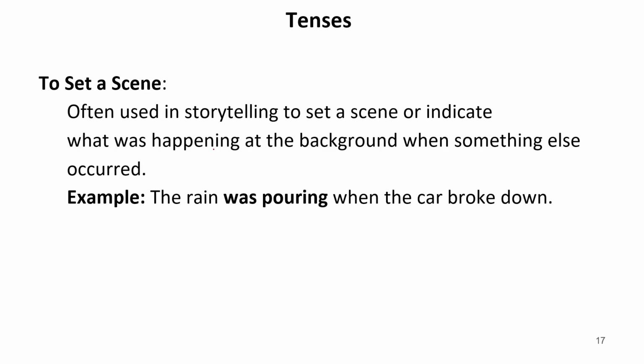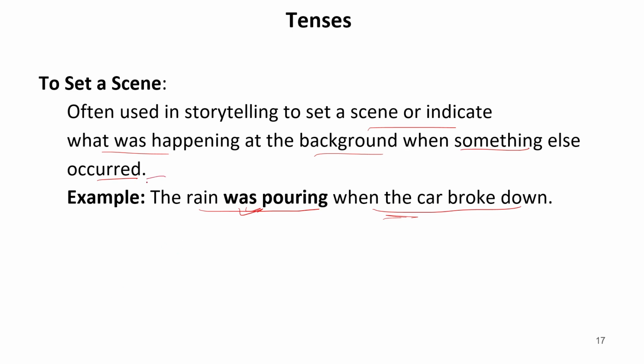Often used in storytelling to set a scene or indicate what was happening in the background when something else occurred. The rain was pouring when the car broke down. So the rain was pouring, it is actually the background which is being shown. So it happened when this was going on.